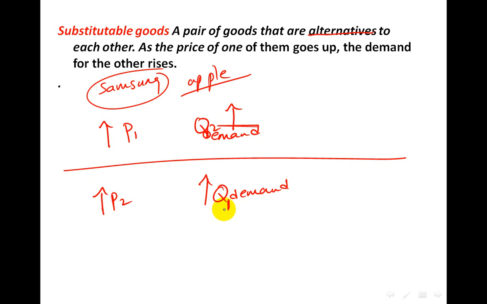Q demand of number one. So here they are like opposite. The first price increases, the demand of the second will increase. If the price of the second increases, the demand of the first one will increase. It's obvious. So now we want to check what type of commodities we were working on. I'll take the functions of the demands because we're checking on the demands.